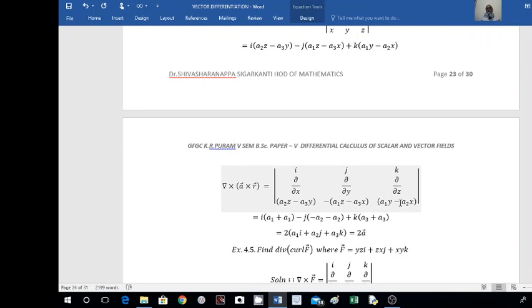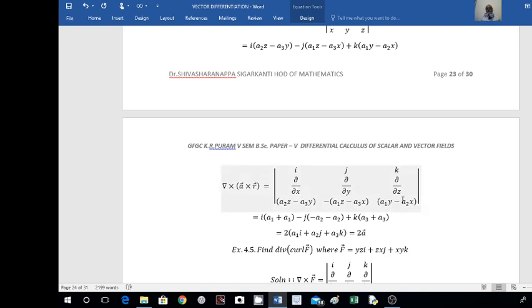We are differentiating with respect to y here. ∂/∂y of this is equal to A1, minus this into this. So here minus into minus, this becomes plus. ∂/∂z of this: A1z derivative is A1, derivative of this is 0. Okay, A1 plus A1, minus j into this, ∂/∂x of this.